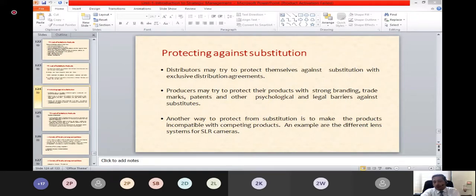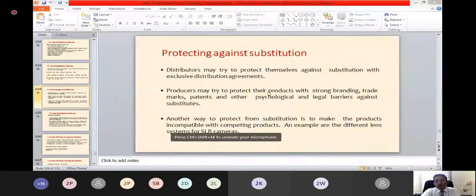So they can make an agreement with the company for having exclusive agency of a particular product or company for its distribution, so the substitution cannot be done. The customer can take the product from that particular dealer or distributor.